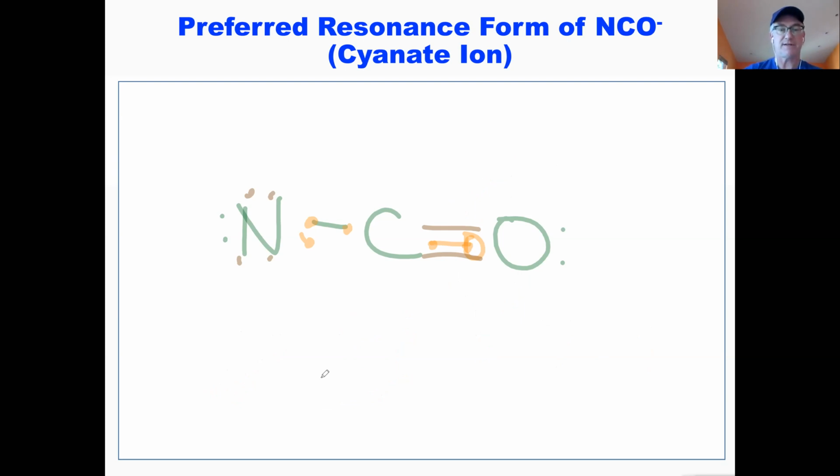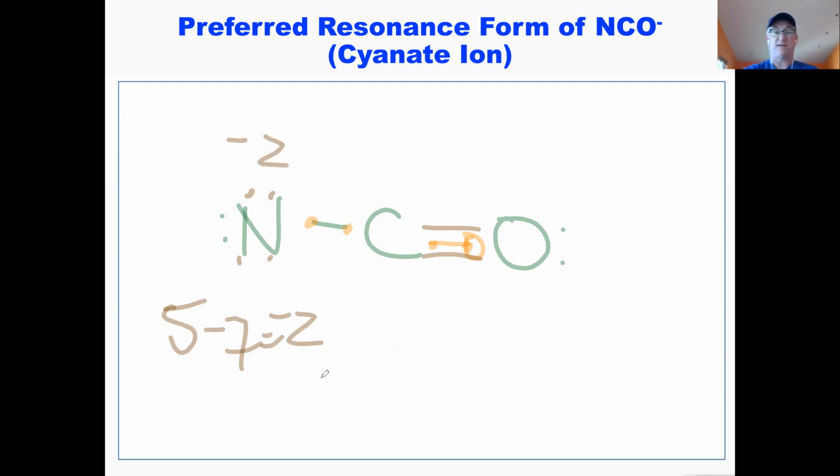Nitrogen should have 5 valence electrons. How many does it have in this structure? Seven. It has 7. So there's a charge of -2 on nitrogen.